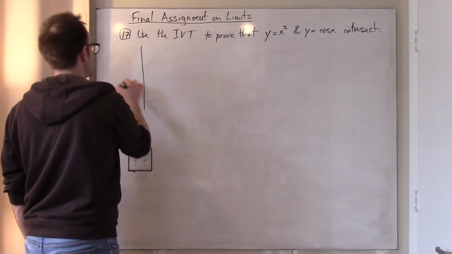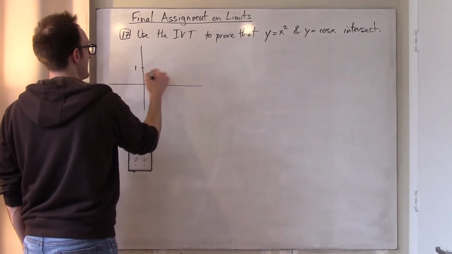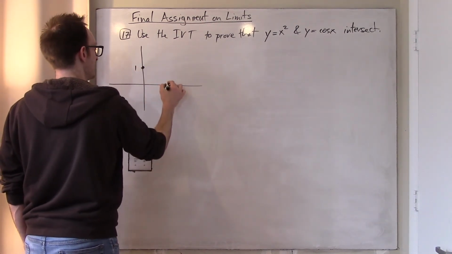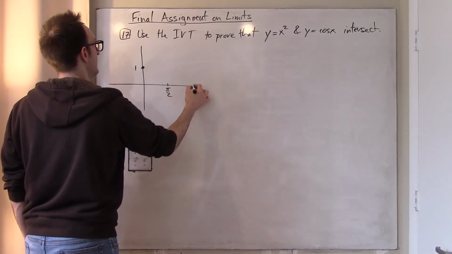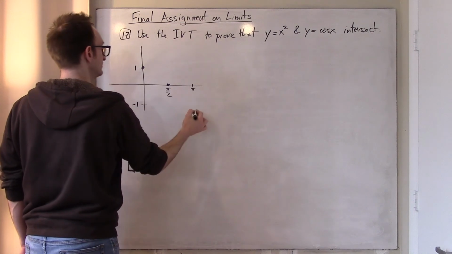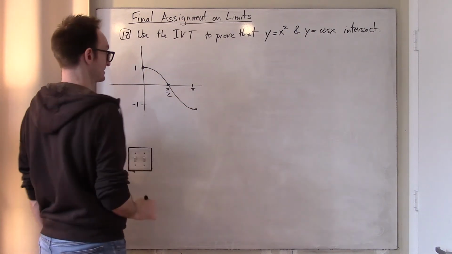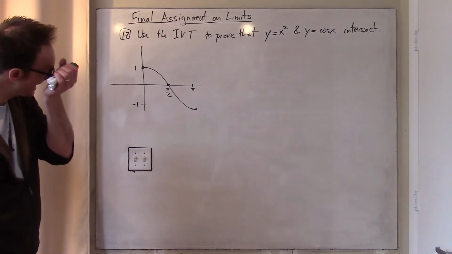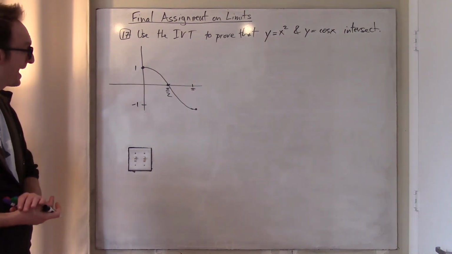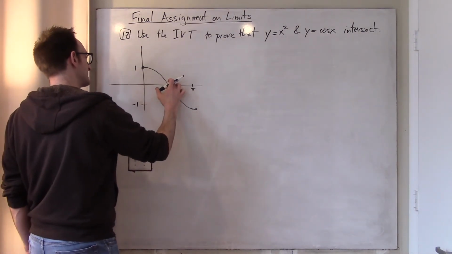What does cosine look like? Here it is. Yeah, that's like pi over 2, pi, etc., -1, boom. So we're talking about something that looks like that. That is cosine. And then you have y equals x squared. And what does y equals x squared look like?